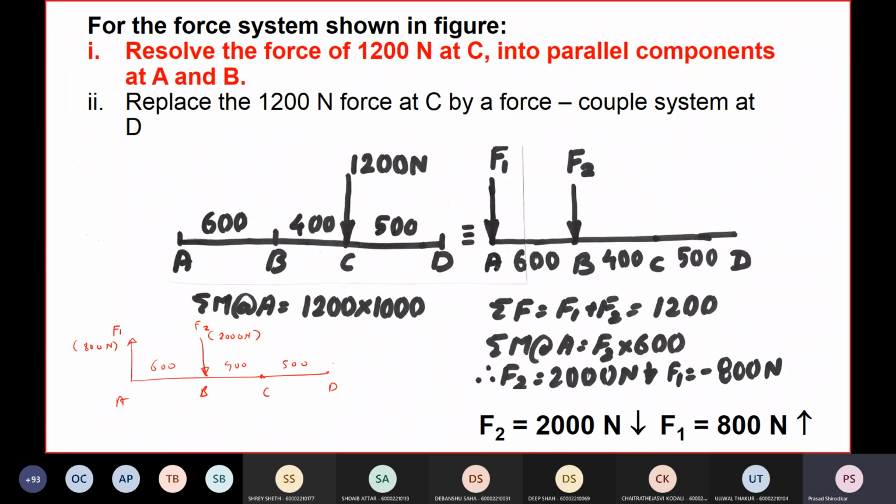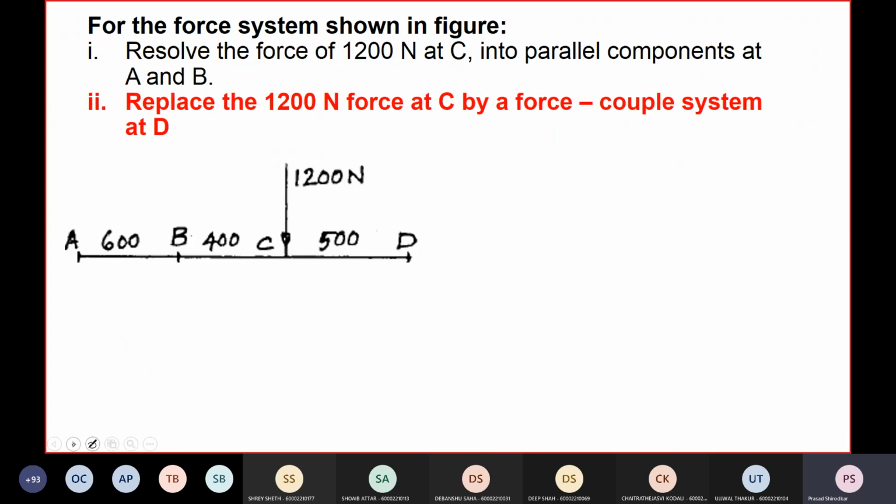All right, now let's do this last part. Replace the 1200 Newton force at C by a force couple system at D. Okay, so let's do this. 1200 Newton force, I want to replace it by a force couple. So what I'm going to do is simply add and subtract 1200 newtons at D. 1200 newtons, 1200 newtons.